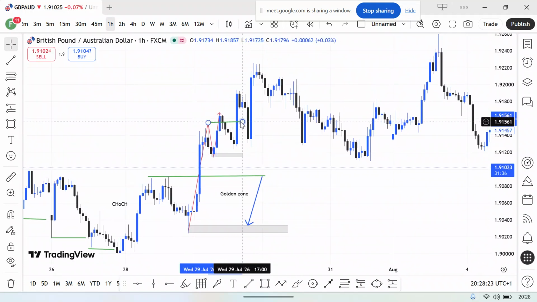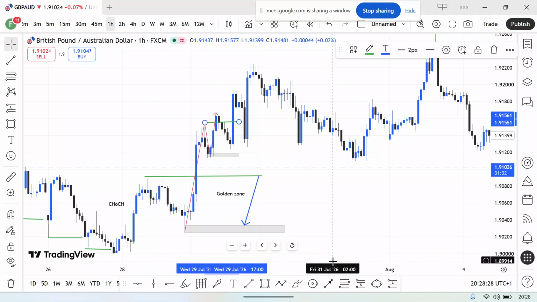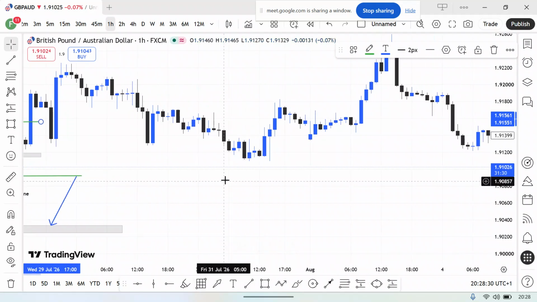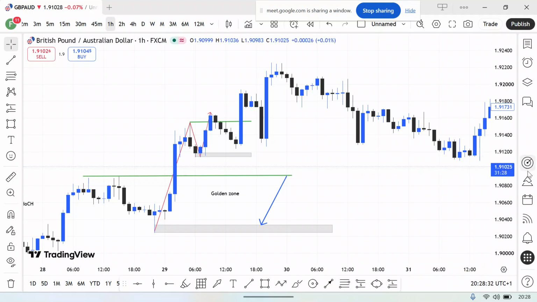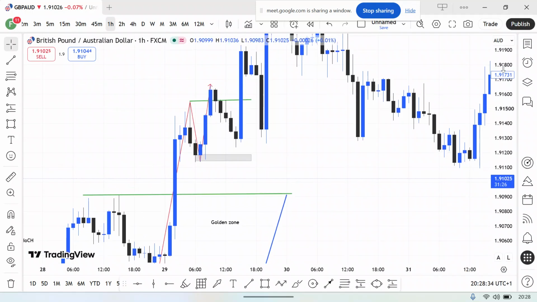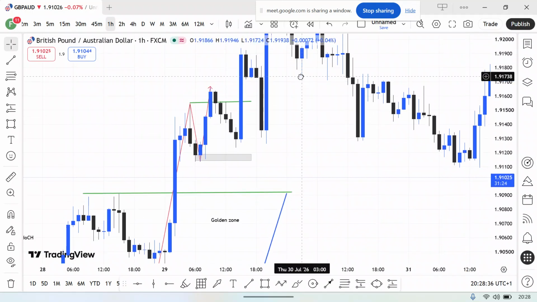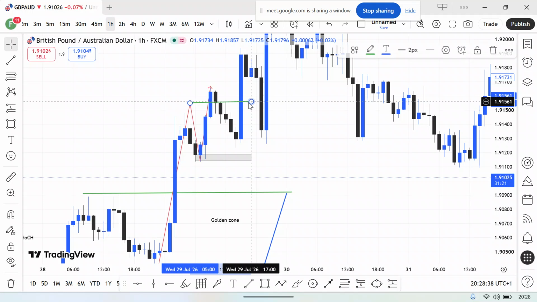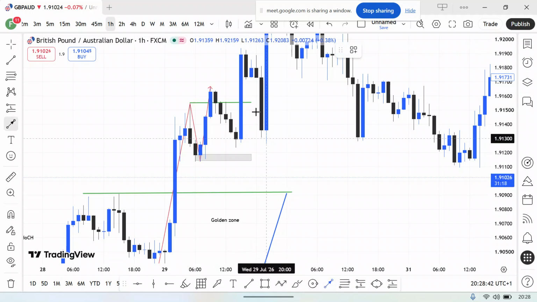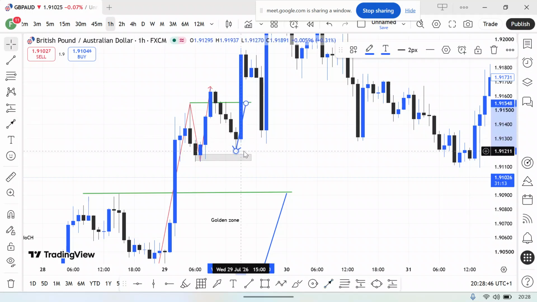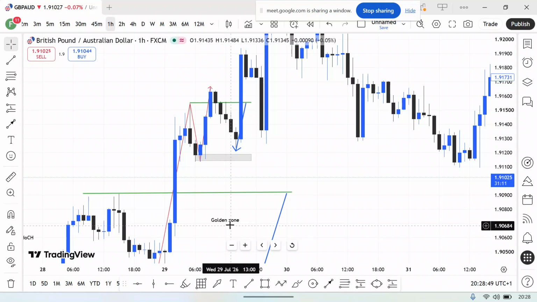Let me widen it so that it should be more visible. And then we'll consider this area our golden zone.